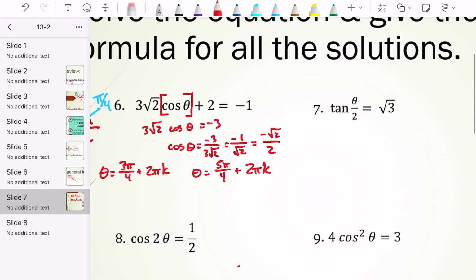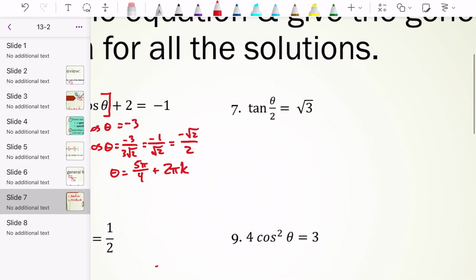Let's take a look at number 7. Number 7 is very similar. Keep in mind, because the 2 is attached to the theta, we're going to leave that in this case, and we are just going to work the problem as regular. Because we are working with tangent and we are working with a positive tangent, remember, all students take calculus, we would be in the first and third quadrant.